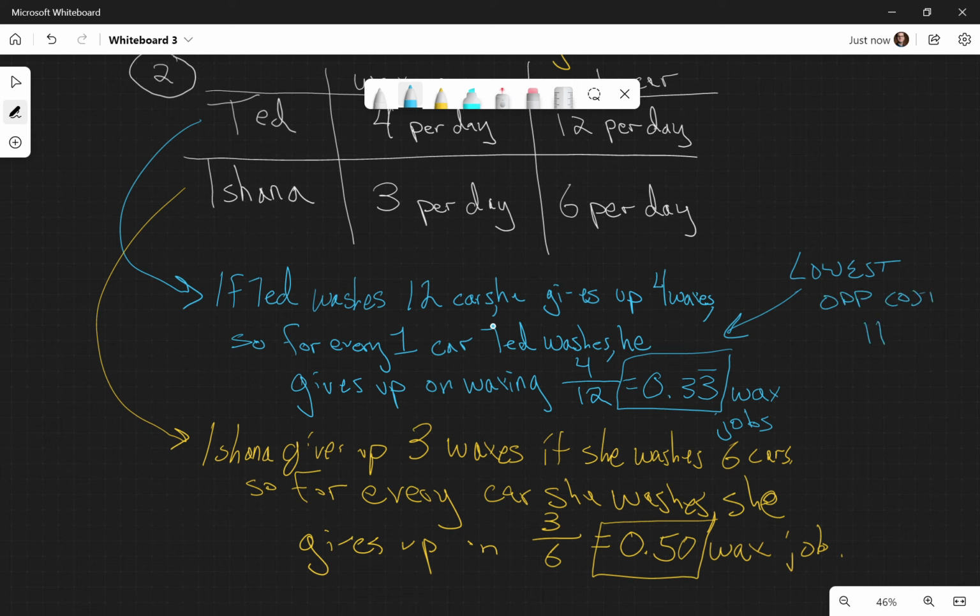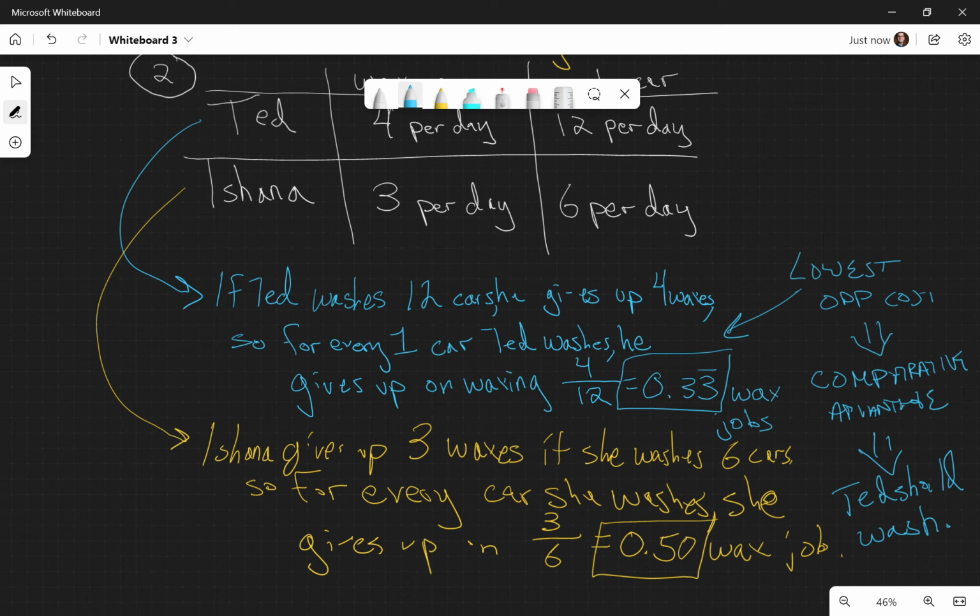The lowest opportunity cost means he has the comparative advantage in washing cars because he's giving up the least amount of stuff, and therefore Ted should specialize in washing, while Ishana should specialize in waxing, given this information.